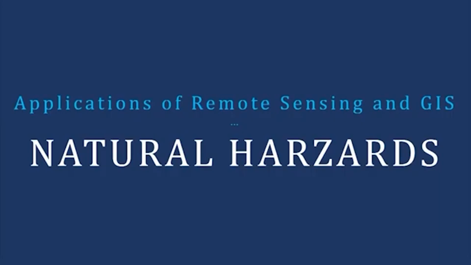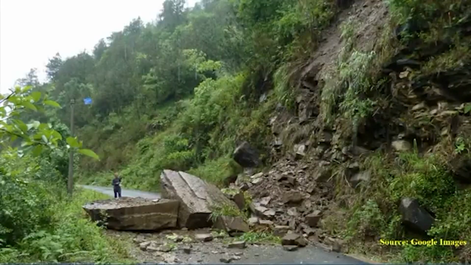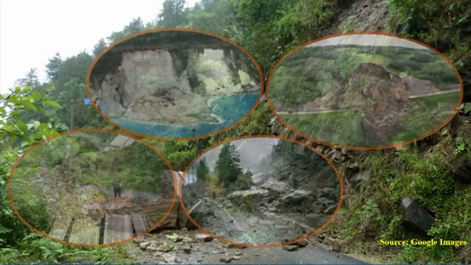Let's see some potential applications of remote sensing and GIS in natural hazards. You may be aware that there are different natural hazards or geohazards which are causing damage to our life and property, right? So let us see some very good examples where people have used remote sensing and GIS, or where you can use them.